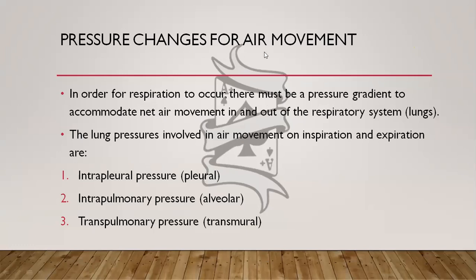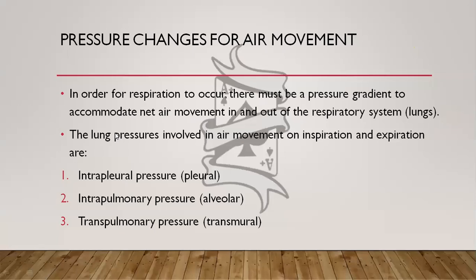So, the pressure changes for air movement. In order for respiration to occur, there must be a pressure gradient, as I said before, to accommodate net air movement in and out of the respiratory system. I'm going to get more specific about what pressures exist. For the persons who probably never got it the first time, I brought up the muscles of the thoracic wall as well as the diaphragm to explain how Boyle's law works.